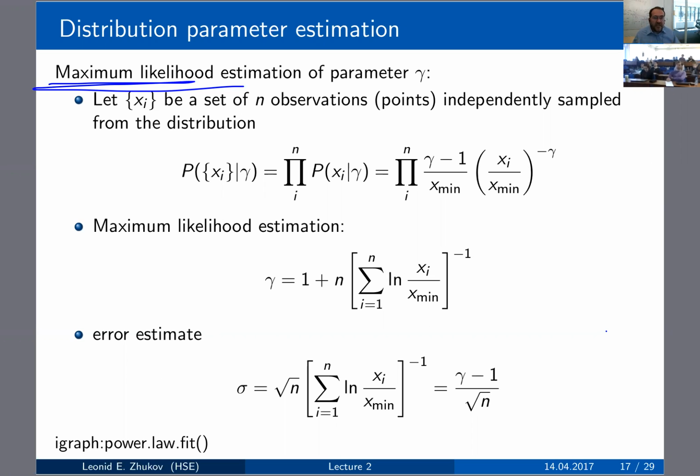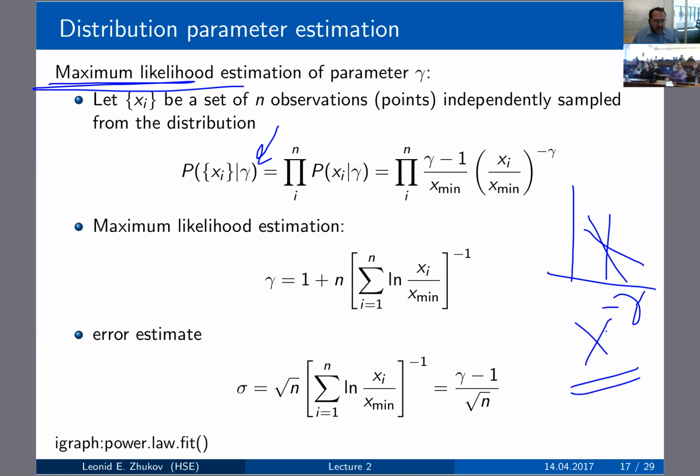And so what you're saying is the following. Given the parameters of the model, and in our case there are two parameters in the model. There is a parameter gamma, which is the slope of the straight line, the x to the power minus gamma.